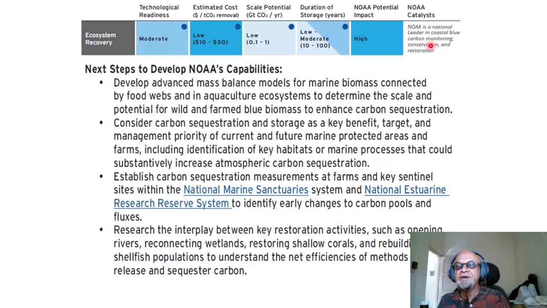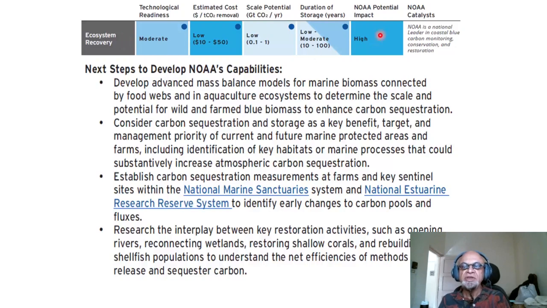NOAA is a national leader in coastal blue carbon monitoring, conservation, and restoration, as we said. It has moderate technology readiness. This could be basically recovering ecosystems that have been damaged by warming, by circulation changes, by acidification, and so on.